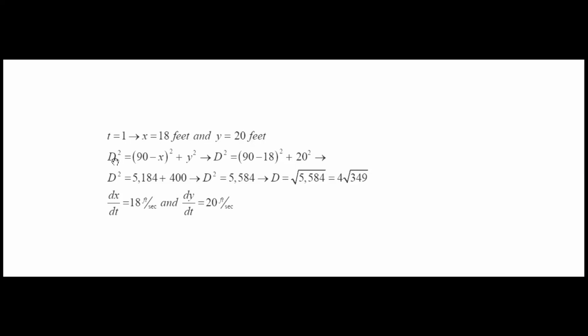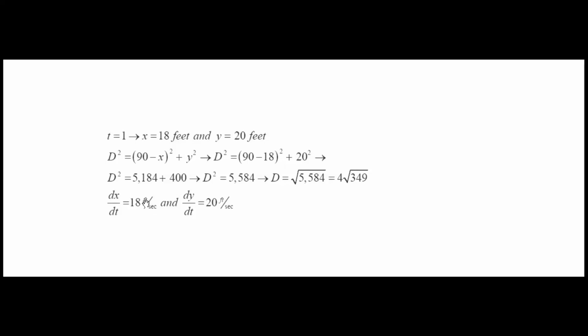So we're going to have to find D by going to our expression, our Pythagorean theorem, and plugging in 18 for x and 20 for y, and doing the arithmetic, and we come up with this answer, which is not so nice. We combine it, still not so nice. Still, this is about as nice as we can get it. So we have that D is 4 times the square root of 349.